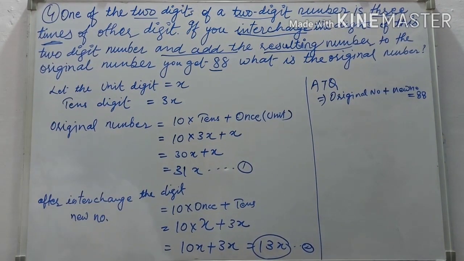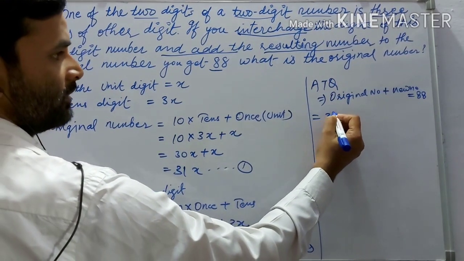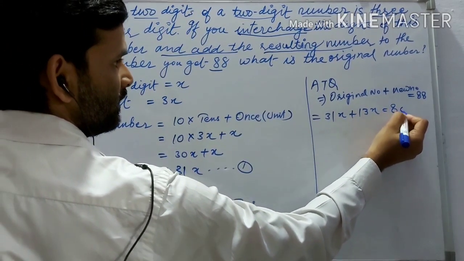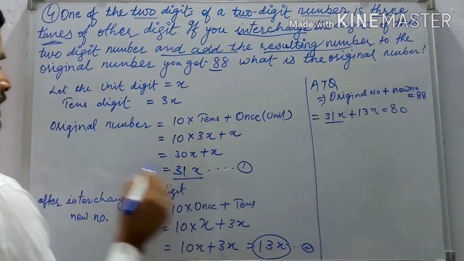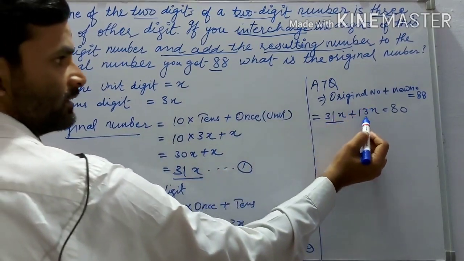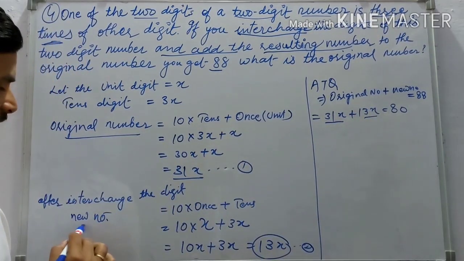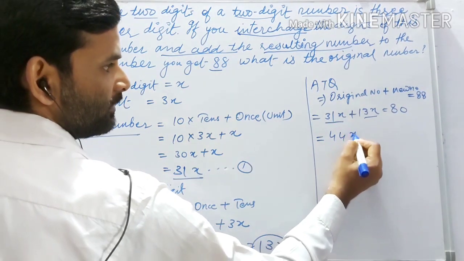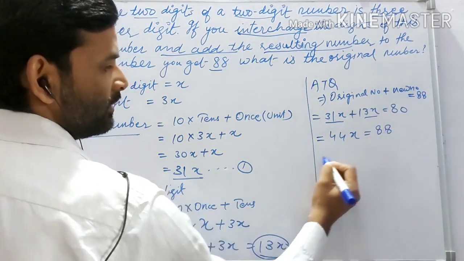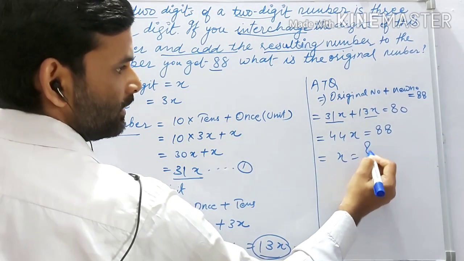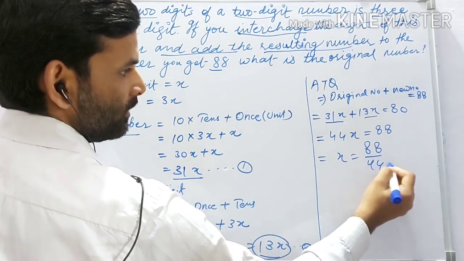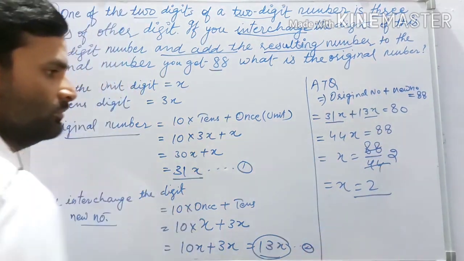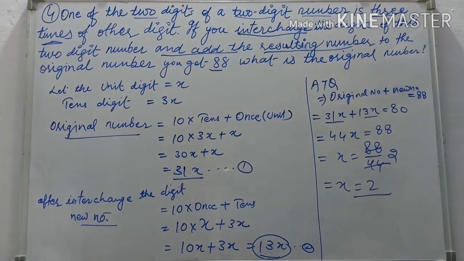So 31x plus 13x is equal to 88, that is 44x equal to 88. Then x is equal to 88 upon 44. Cancelling, the value of x is equal to 2.